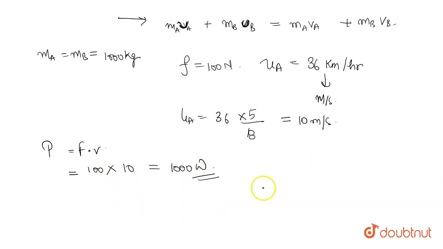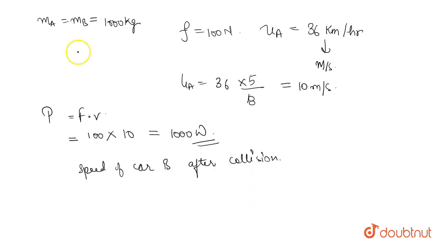Now secondly, I had to find out the speed of car B after collision. So let me use the conservation of momentum now. For that, I have all the values like m_a, that is equal to m_b, 1000 kg.